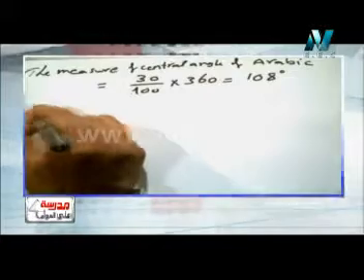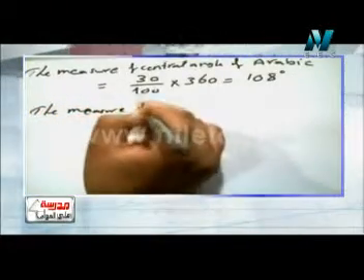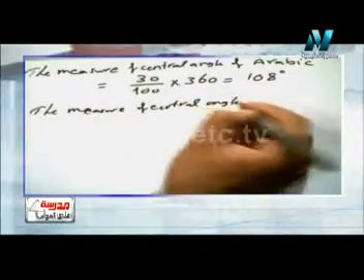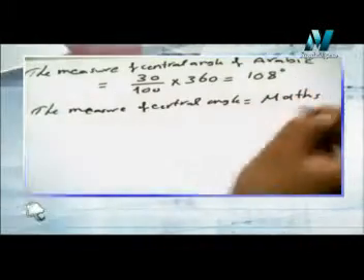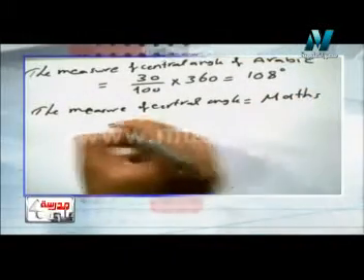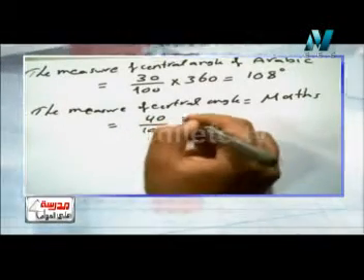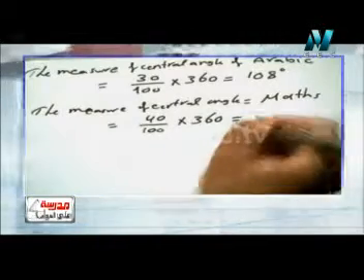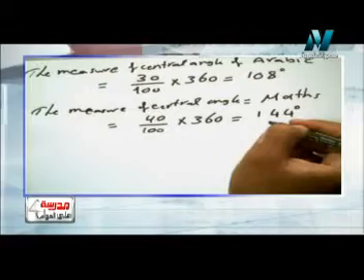The measure of the central angle of math equals 40 over 100 times 360 equals 144 degrees.